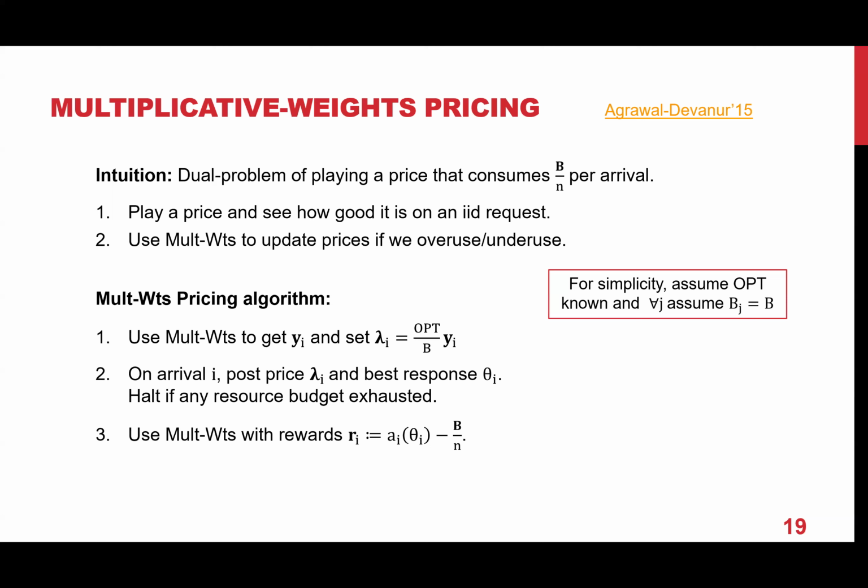This consumption vector, I'm going to give it as feedback to my experts algorithm. So basically the jth expert, which corresponded to the jth resource, its feedback is how much you consumed this resource in this round, minus B over N. So that's the entire setup.